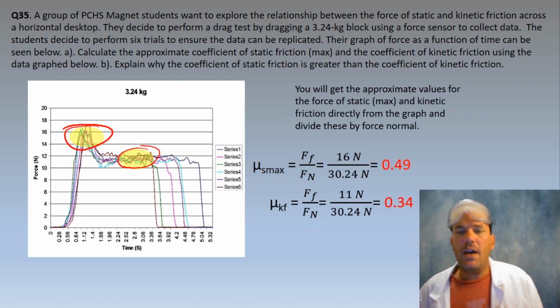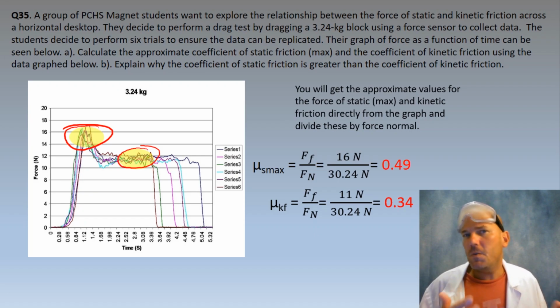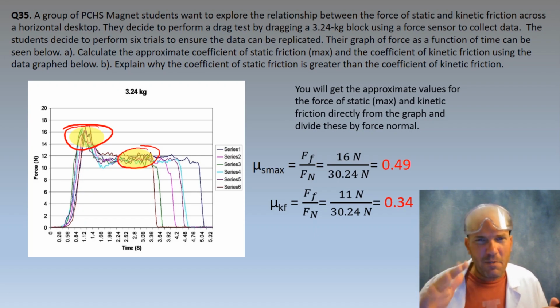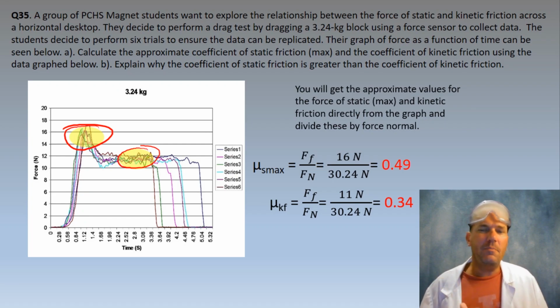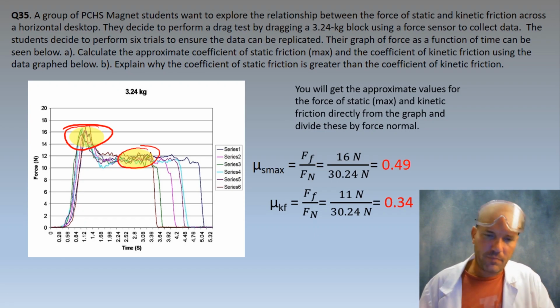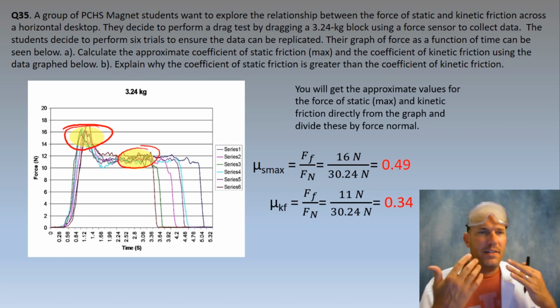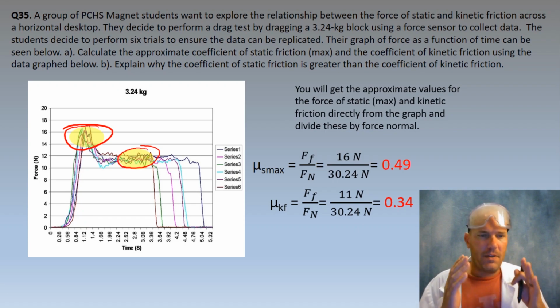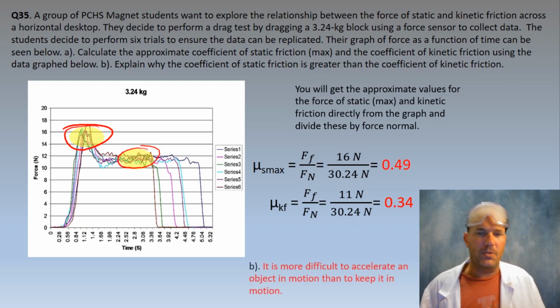So we have an 11 Newton force that was required on average, divided by the normal force, which again we get by mass times gravity, and we get a value of 0.34 for kinetic friction. Again, these all came off of the graph that was produced.